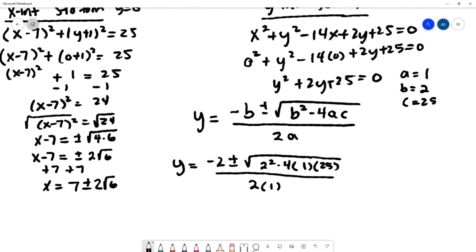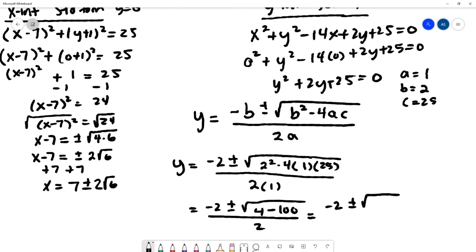So we'll continue on. We have negative 2 plus or minus the square root of 4 minus 4 times 25, which is 100, over 2. Negative 2 plus or minus the square root of negative 96 over 2.